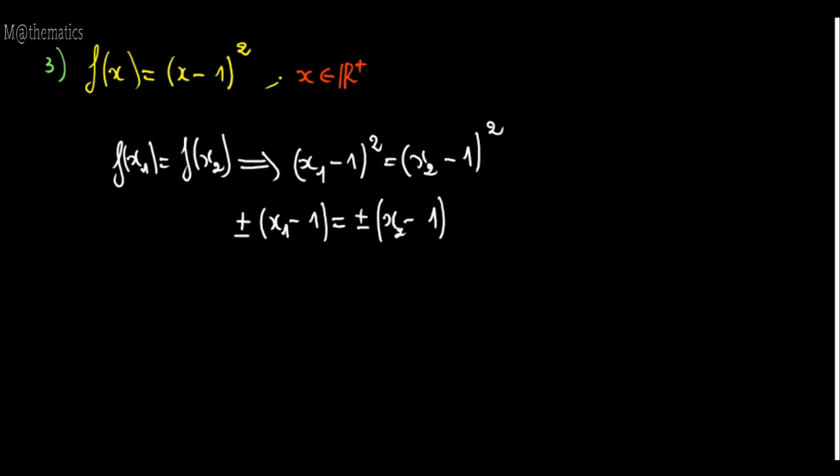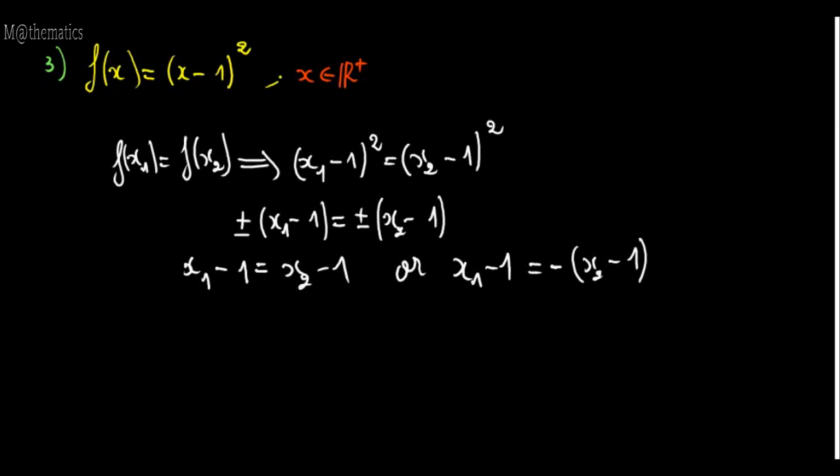So we are going to have x1 minus 1 is equal to x2 minus 1, or x1 minus 1 is equal to negative x2 minus 1. For the first equation, we can cancel out the negative 1. Then we are going to get x1 is equal to x2.